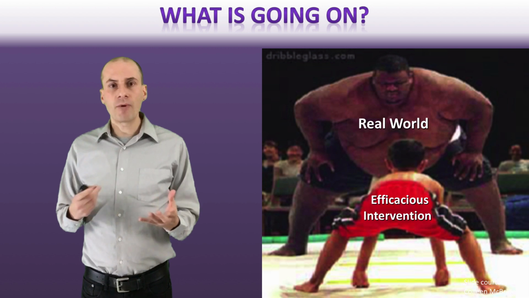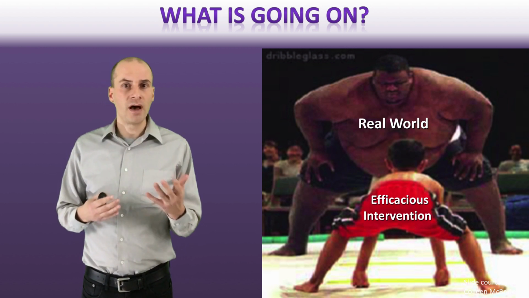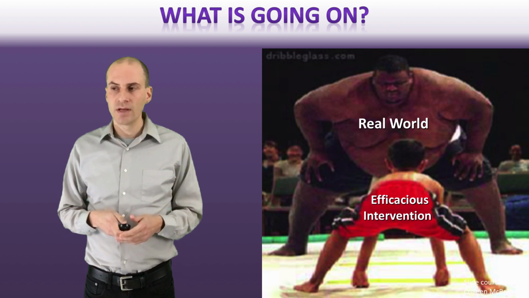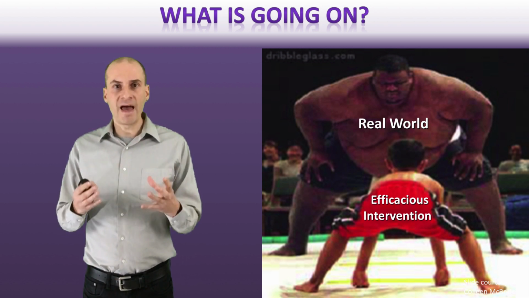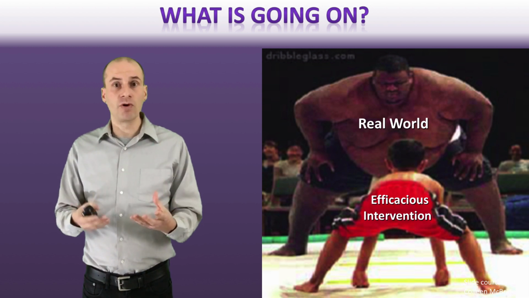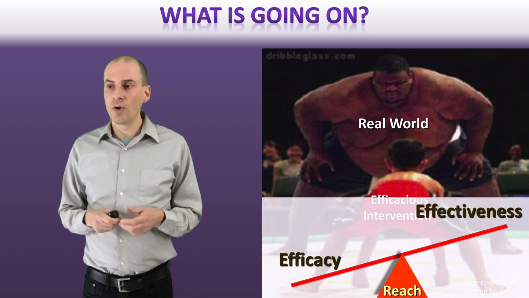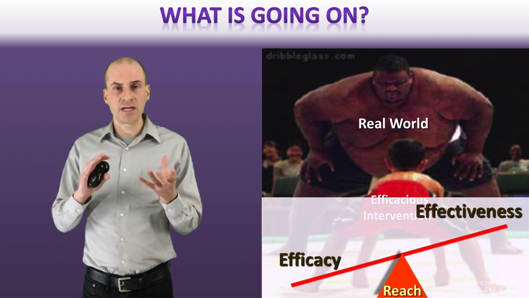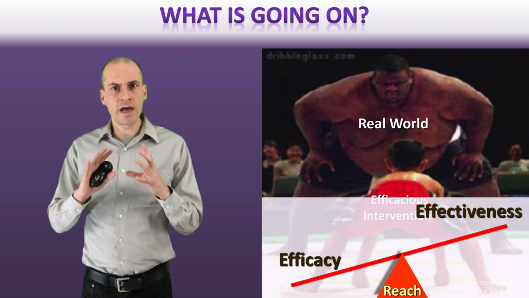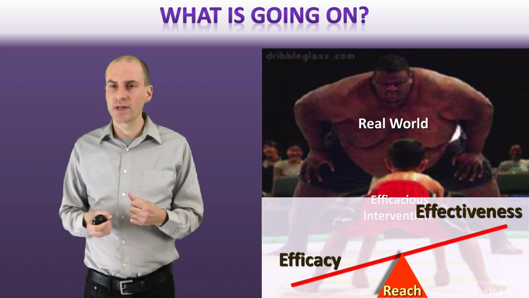All right, so I'm going to focus here a little bit more on the idea of reach, effectiveness, and efficacy. Again, when you have these efficacious interventions that face real-world situations, we find that they tend not to work very well. Efficacy is the extent to which something works in ideal circumstances.